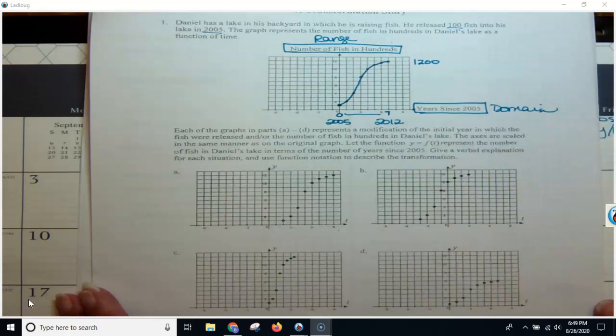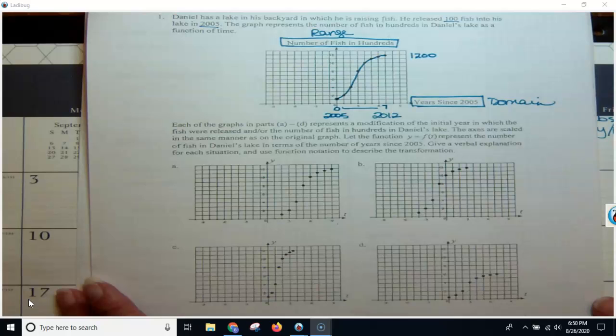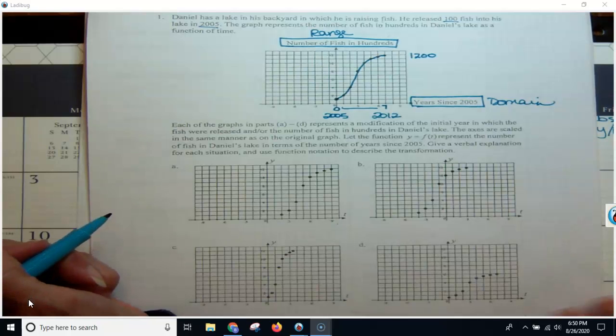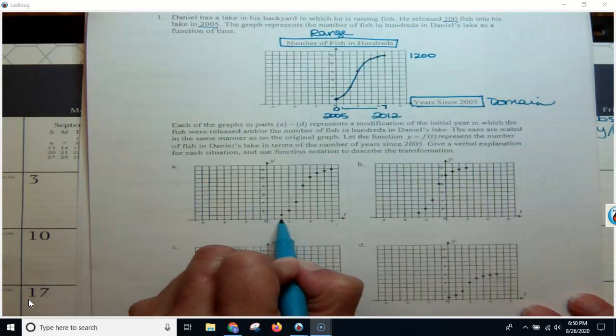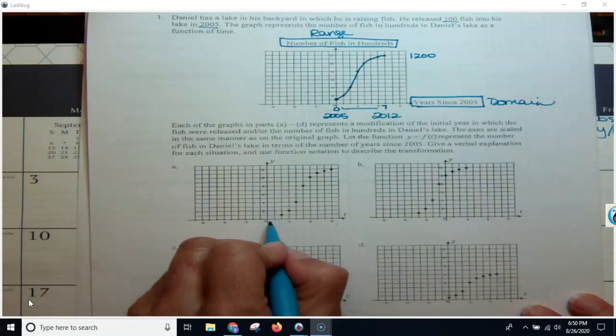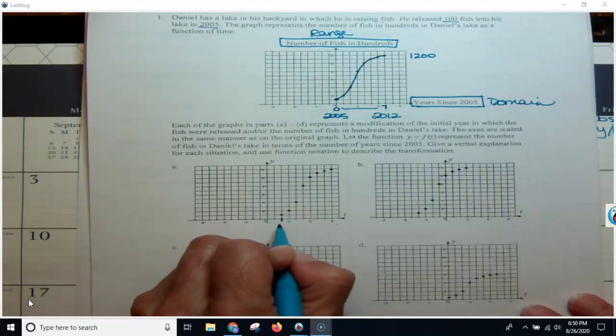We're going to talk about this in terms of functions and in terms of transformations. If you look at this first one, you're going to notice that Daniel, if this is 2005, actually started in this year, which is 2 years later.